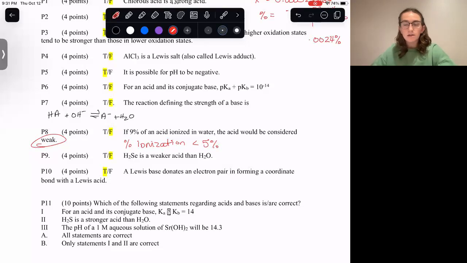And those are the only strong acids you need to know. But if you're given a true false question and you say a weak base has a percent ionization of 2.5%, that would be true because it's less than 5%. And that falls under the category of being considered a weak acid or base.